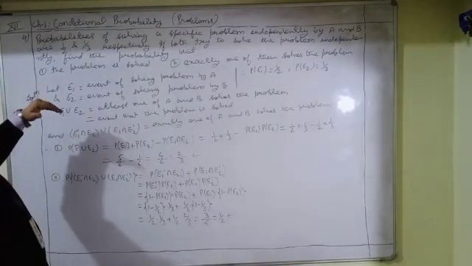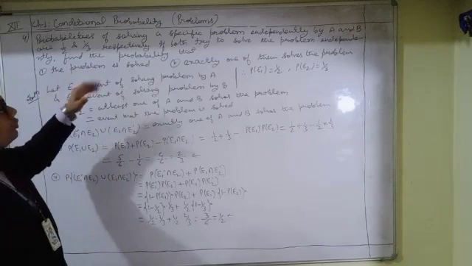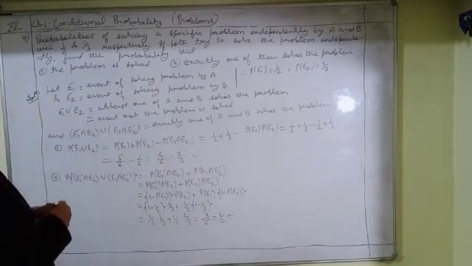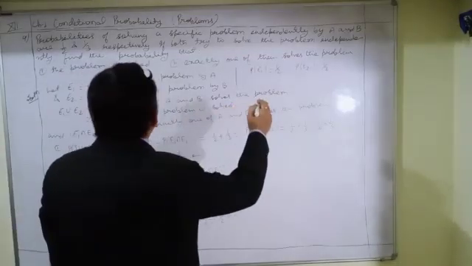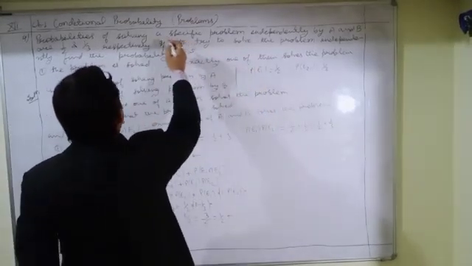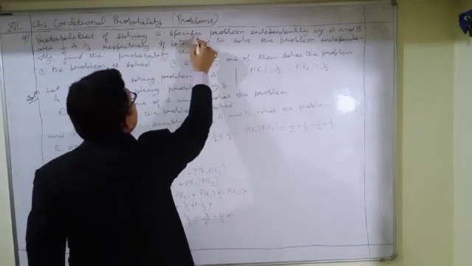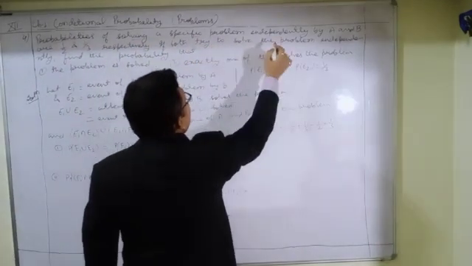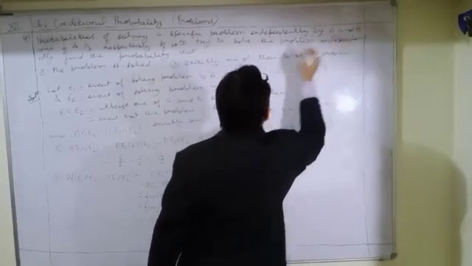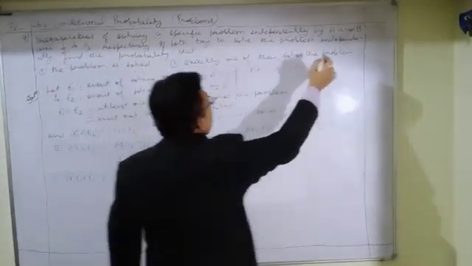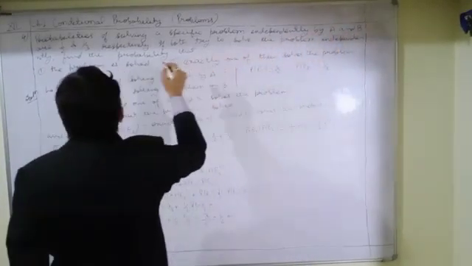So how can we think about solving the first part? Before focusing on either part of the question, we must focus on the parameters. Those parameters are the probabilities of solving a specific problem independently by A, which is 1 by 2, and similarly for B it is 1 by 3.